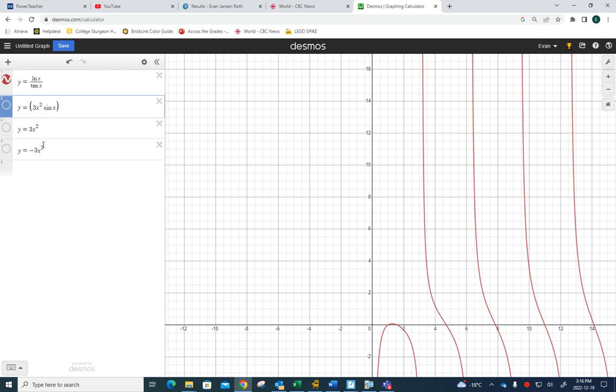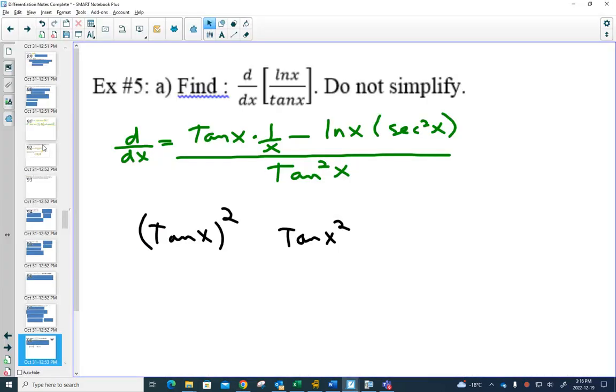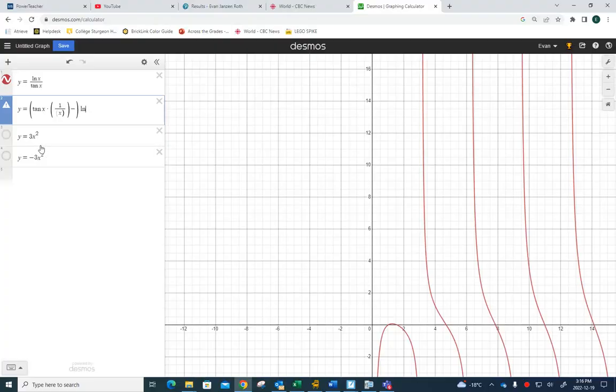Let's try it. Bracket tan x times 1 over x minus natural log of x, bracket.